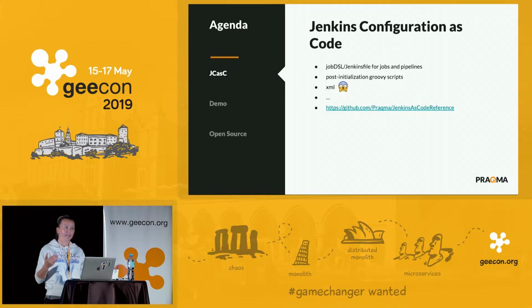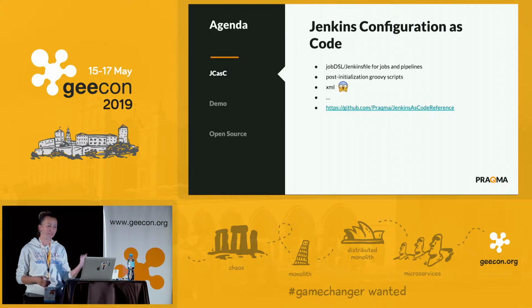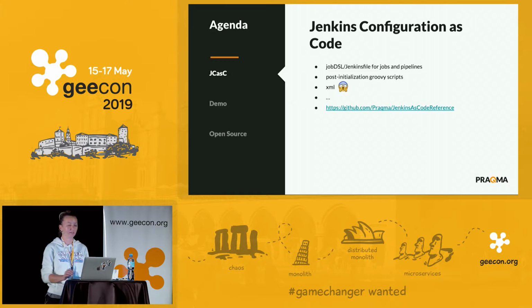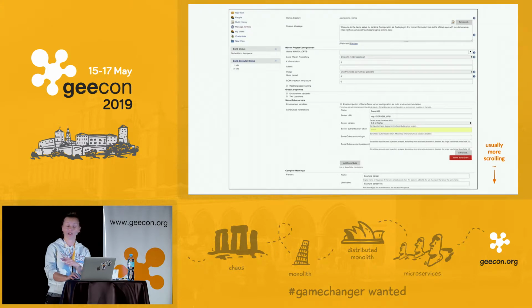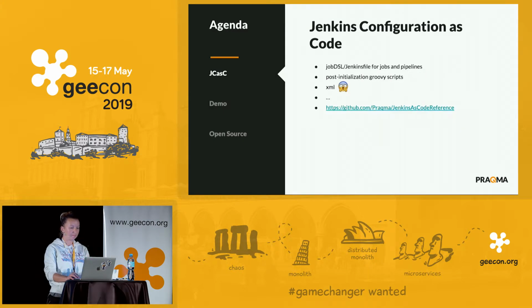And both Job DSL and Jenkinsfiles are solutions that have been present for years already. And I think they are working very well. And for many Jenkins users, they became a standard. You can't just create your jobs by clicking, and better just have a Jenkinsfile in your repository. So this is covered. But then this whole part is a little bit more tricky.